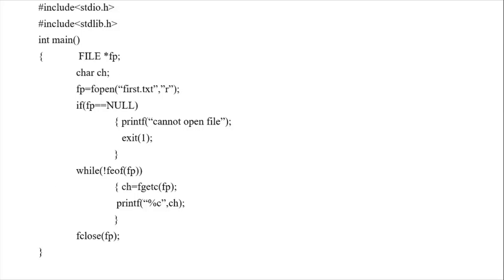Then here I want to explain one program. This is an application of the feof function, how we can use it. This is a file program: FILE star fp, fp is equal to fopen of first.txt in r, read mode. first.txt is an already existing file, so here I want to open it in read mode.